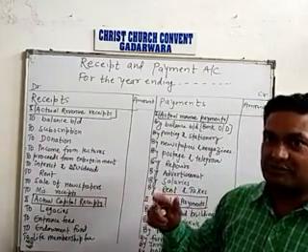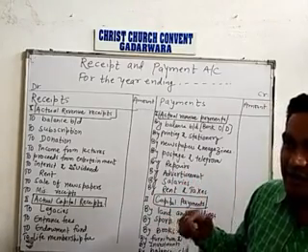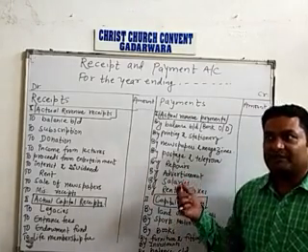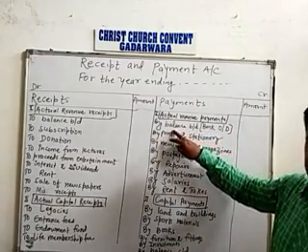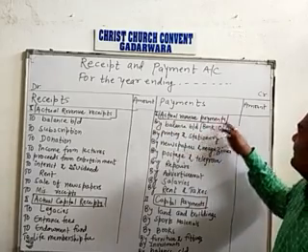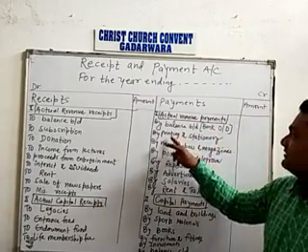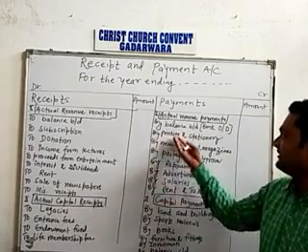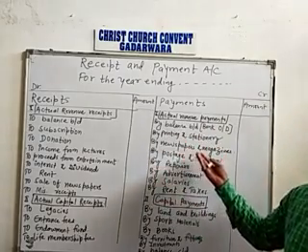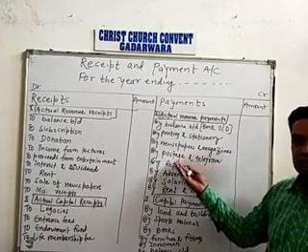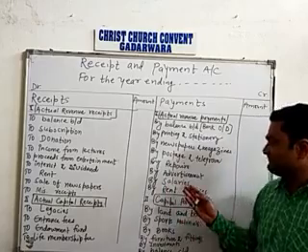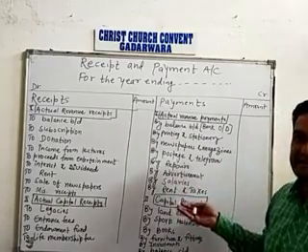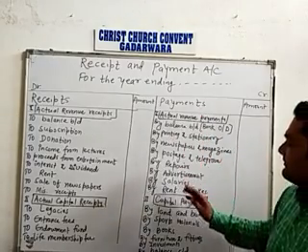It is not possible. But in case there is a bank OD, then it may have a balance, bank OD on the credit side. Then other expenses like printing, stationery, newspapers and magazines, postage, telegram, repairs, advertisement, salaries, rent, any tax and miscellaneous ones. They are written on the payment side.